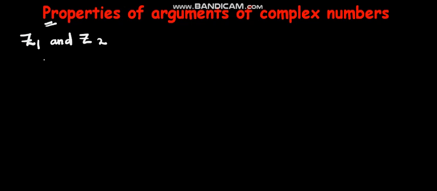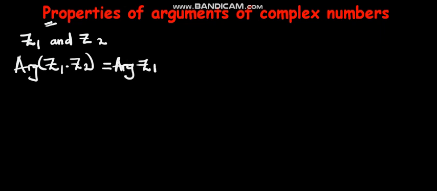Now we may have z1 times z2, and someone tells us find the argument of the product of z1 and z2. It is simple. What we are going to do, we are going to say it is the same as argument of z1 plus argument of z2.